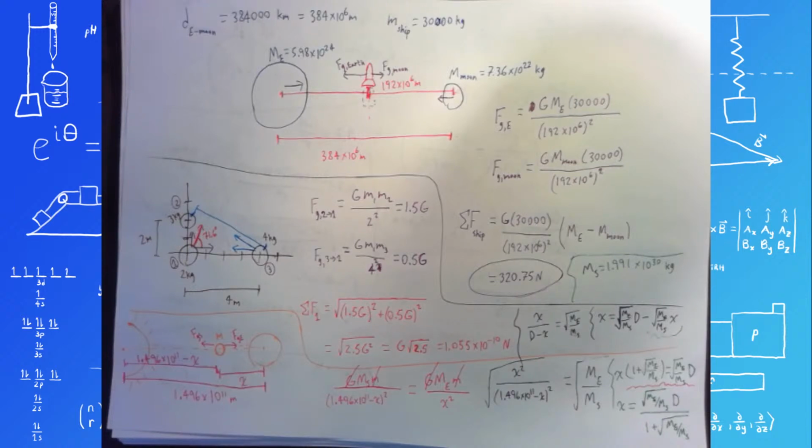So that number multiplied by d, which is 1.496 times 10 to the 11, is, let me convert back to scientific mode on my calculator, 2.59 times 10 to the 8.